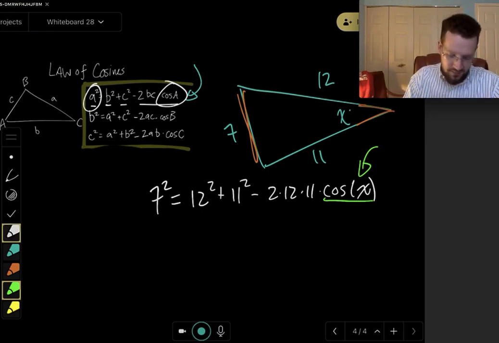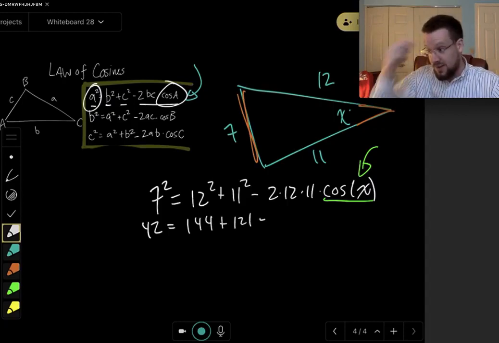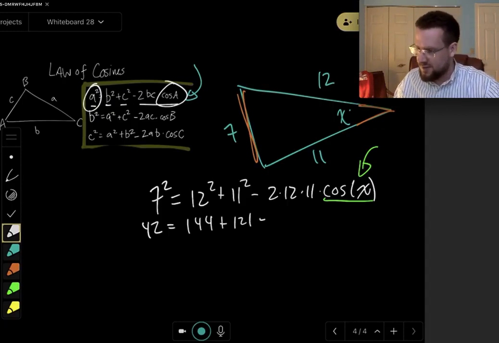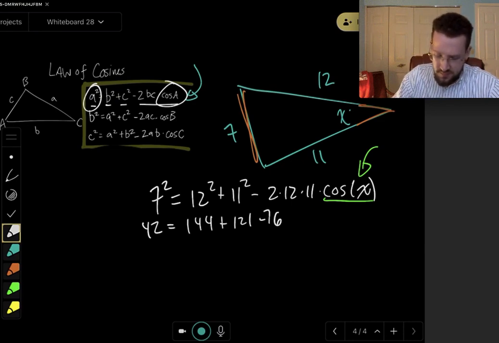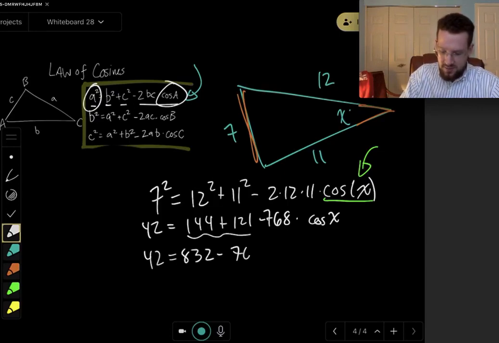Okay, so 49 is equal to 144 plus 121 minus 2 times this 768 times the cosine of x. Okay, so I'm going to put these two things together: 42 is equal to 832 minus 768 times the cosine of x.